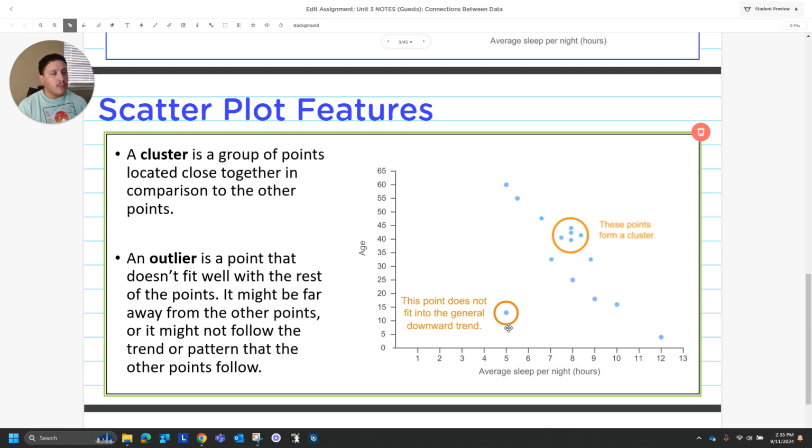Outliers in data sets could potentially skew the data in a way that doesn't really reflect the overall trend. So you may want to consider that when looking at data. This point does not generally fit into the general downward trend.